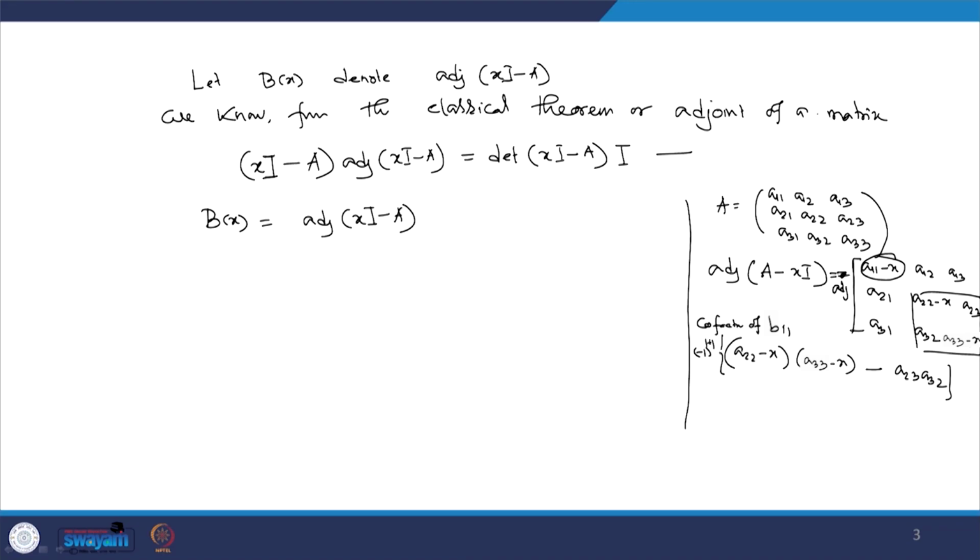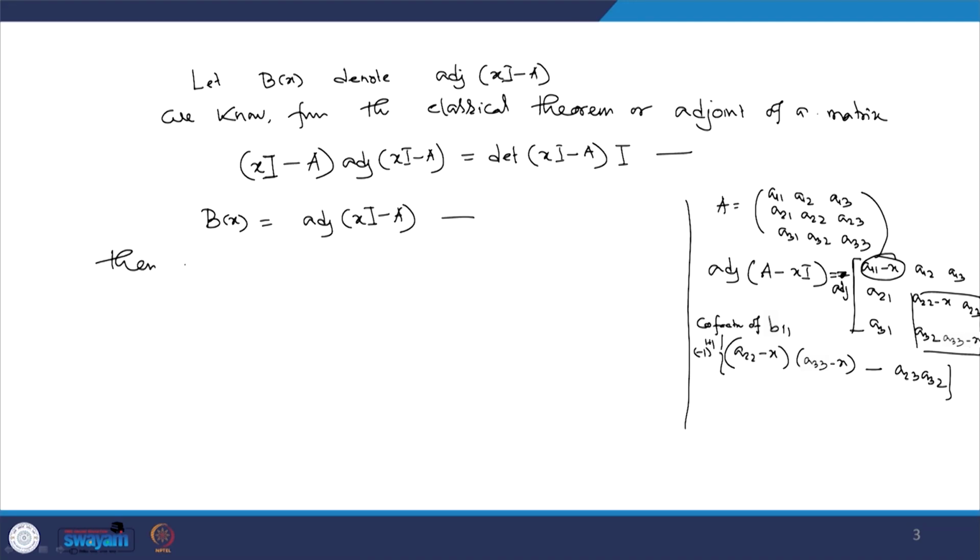Anyhow, I am getting a polynomial in x of degree 2. Similarly, for A12, I will have a polynomial of degree only 1 in x, and the other case is also x. So, the cofactor of each Bij will be a polynomial of degree at most n minus 1.